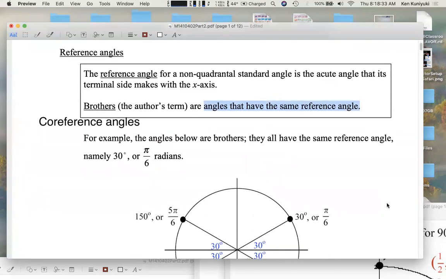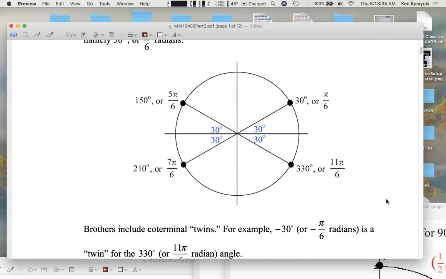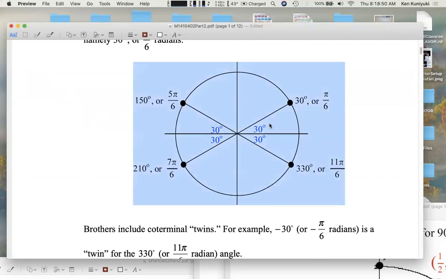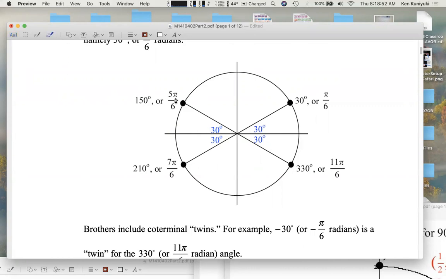So for example, these four angles here. And I'm going to talk more about radian measure because it turns out that radian measure is actually more convenient if you want to hop from quadrant to quadrant. We have here an acute angle, 30 degrees or pi/6 radians.